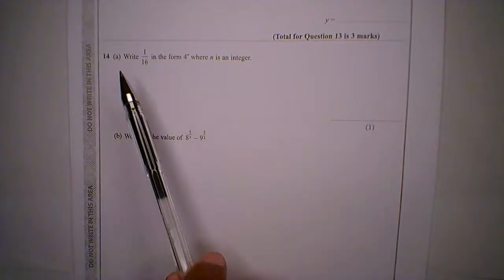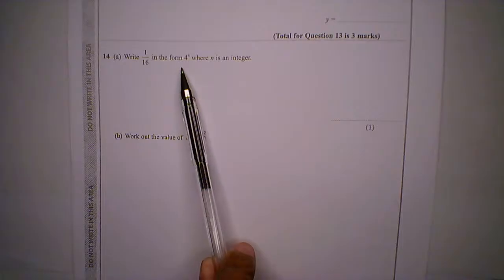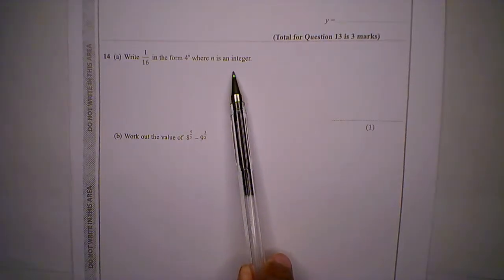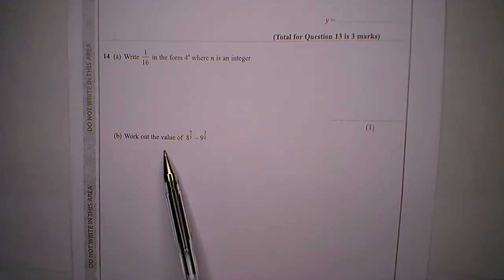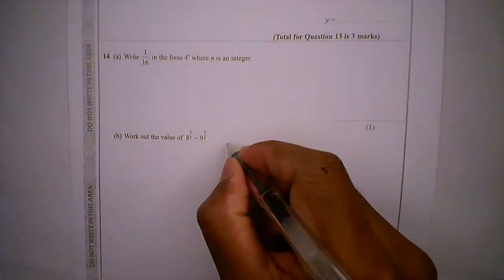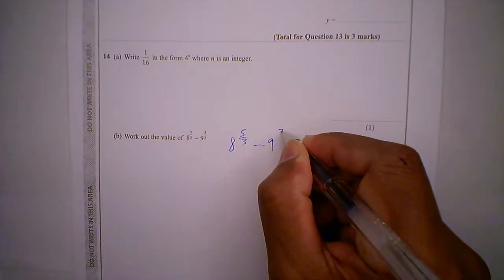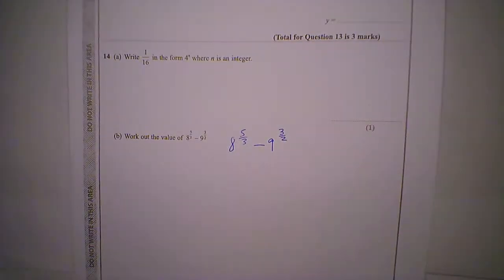Question 14a. Write 1 over 16 in the form 4 to the power n, where n is an integer. Work out the value of 8 to the power 5 over 3, take away 9 to the power 3 over 2. Okay, press pause. When you're ready, press play for the answer.